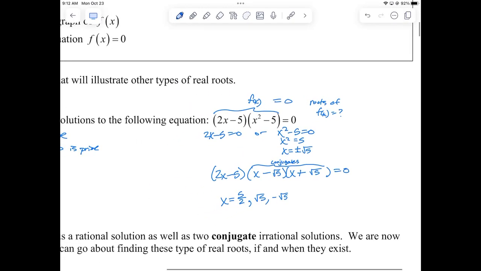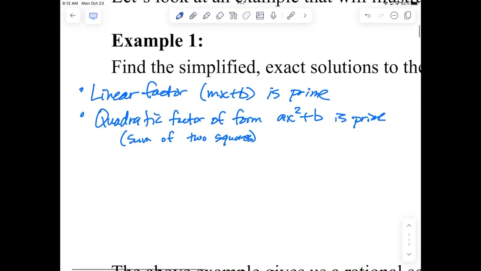Okay? So how do we know if something's prime or not? If it's linear in the form mx plus b, or if it's a quadratic sum of two squares. Not a difference. A difference of two squares factors, even when they're not perfect squares. Let's say ax squared minus b is factorable.